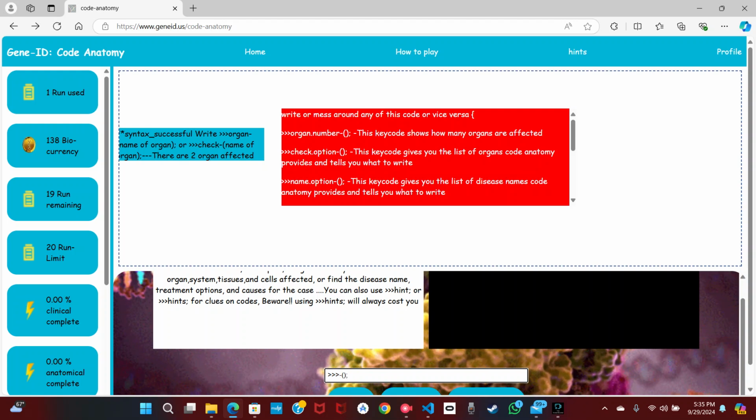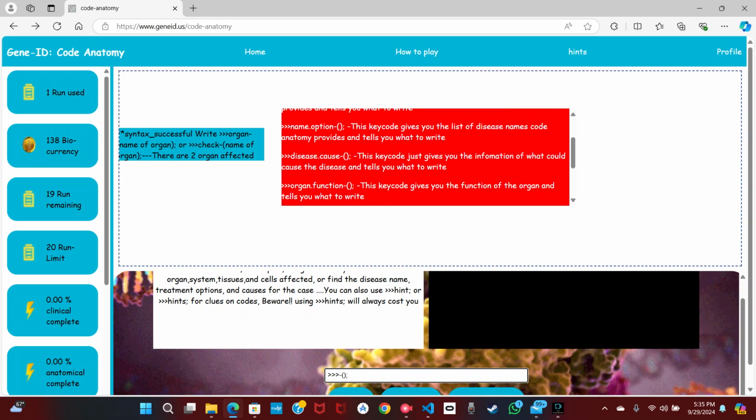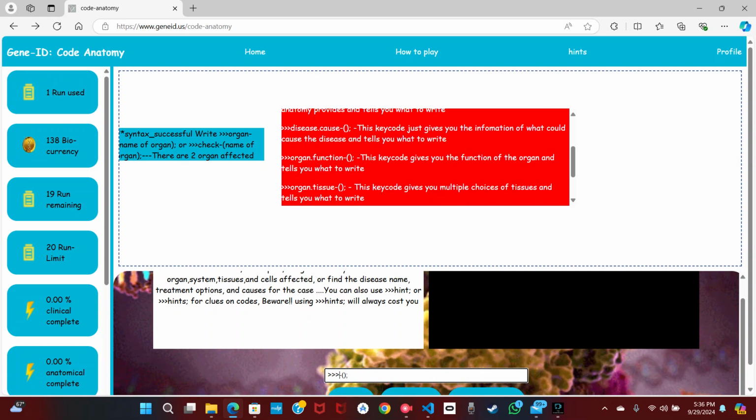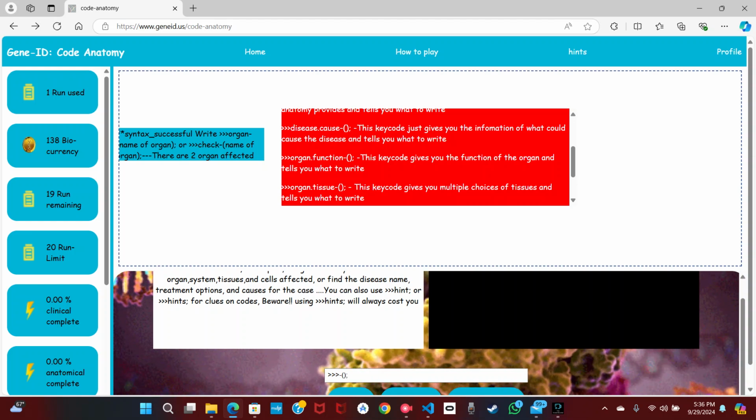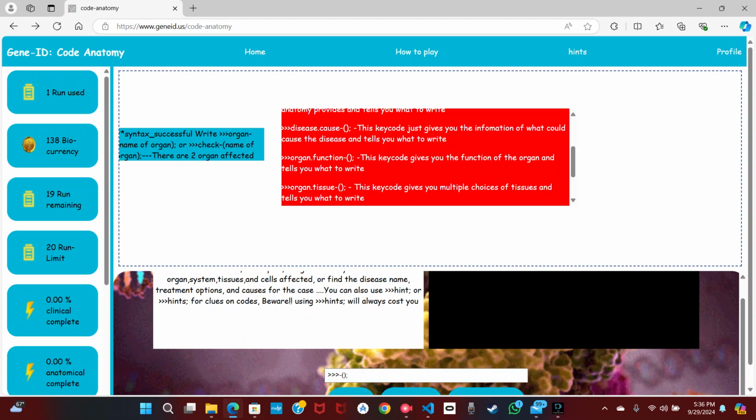Okay, but I still do not know what these organs are. Now I'm thinking to myself, what could be the organ? I'm scrolling to find where I could find organ. So I have organ.tissue here, and I also have organ.function. It says here this key code gives you the function of the organ and tells you what to write.